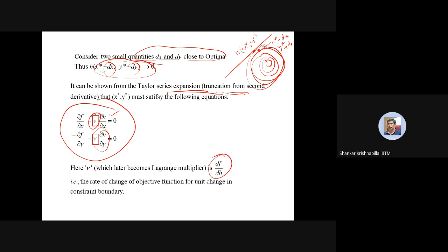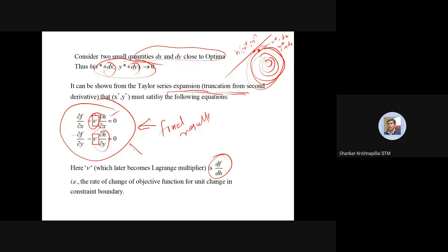There is a long derivation of the Taylor series in two variables x, y which I have skipped, and only the final result is shown.